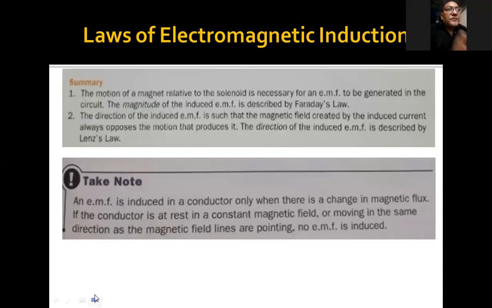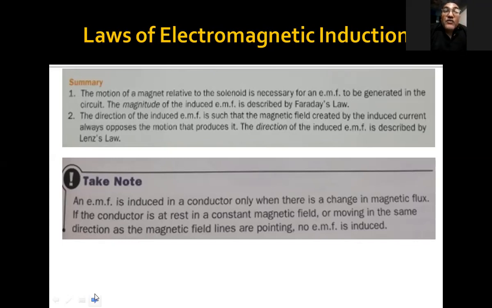Okay, so we have reached the end of this topic, and the one very important thing which you should remember is that when you have a solenoid and there is no source of electric power, electric energy in it, and you connect that solenoid with a galvanometer so that the galvanometer can show you the presence of the induced EMF, and you bring a bar magnet near it.